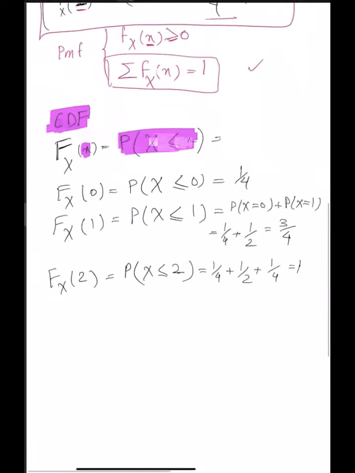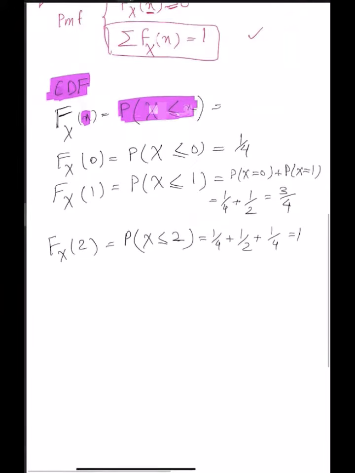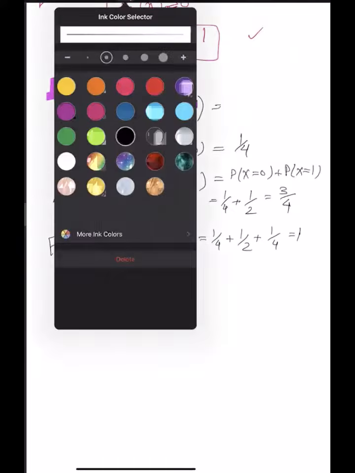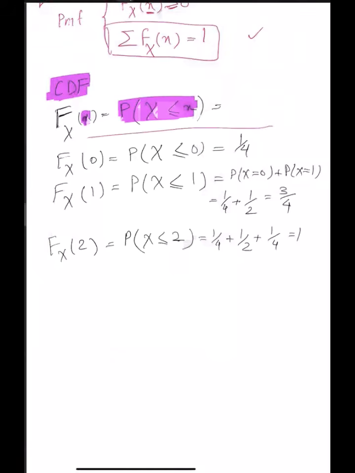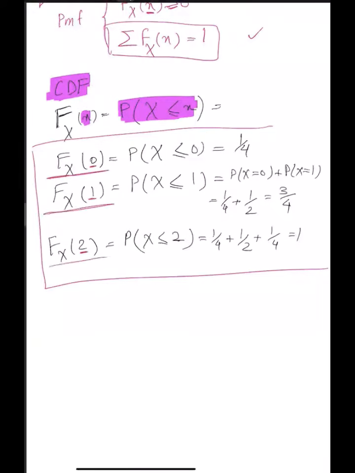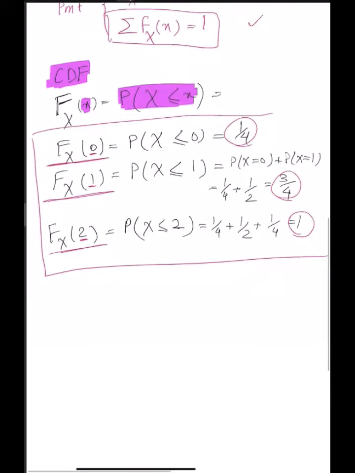So then if I have this as well, if for each one of the possible values 0, 1, and 2, I know exactly the value of these probabilities, which are 1 over 4, 3 over 4, and 1, then I also know the cumulative distribution function of that random variable x.